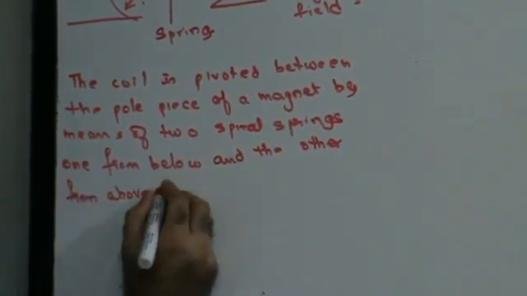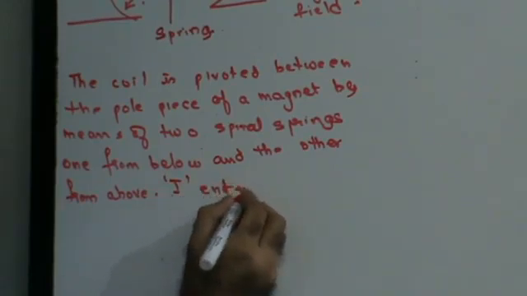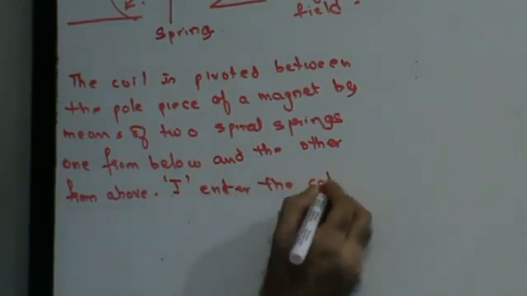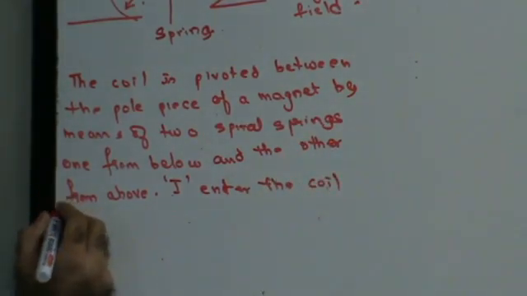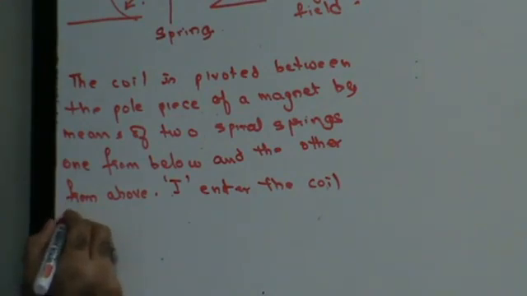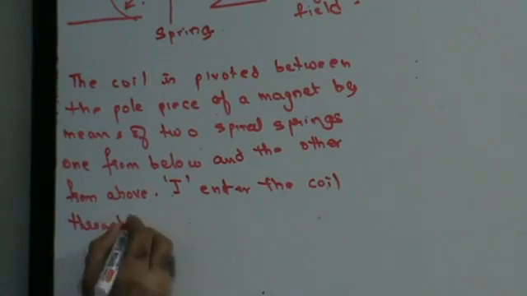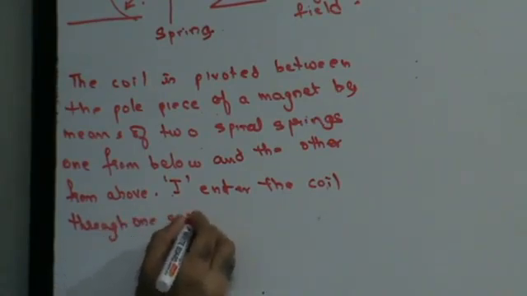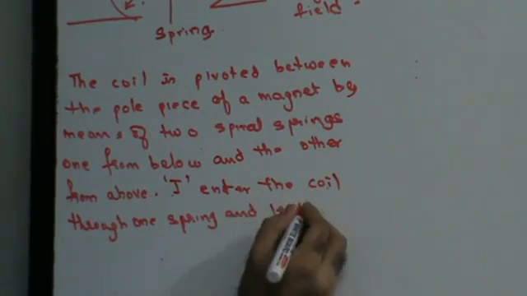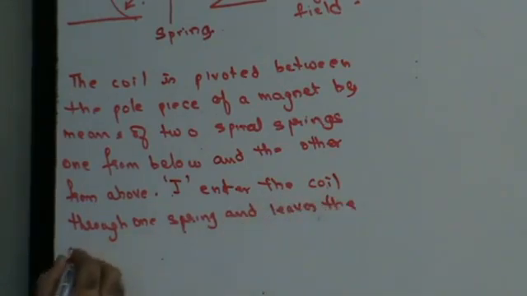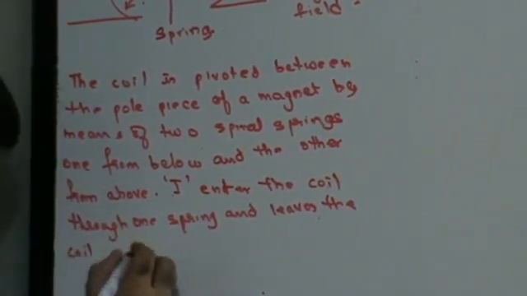The current enters the coil through one spring and leaves the coil through the other.